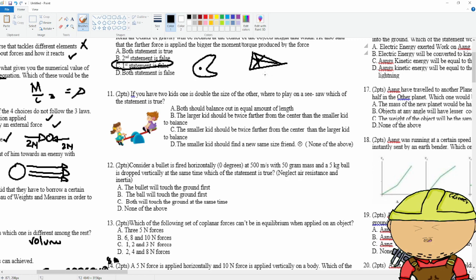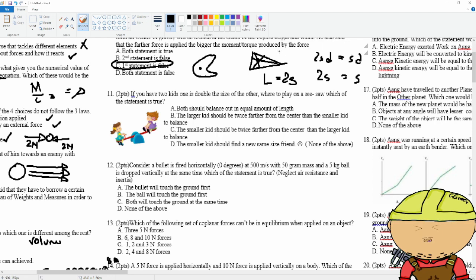So, the larger kid will be L, which is twice the small kid, right? So 2S and S, right? And if they are to balance, the torque will be 2S times distance is equal to S times distance.